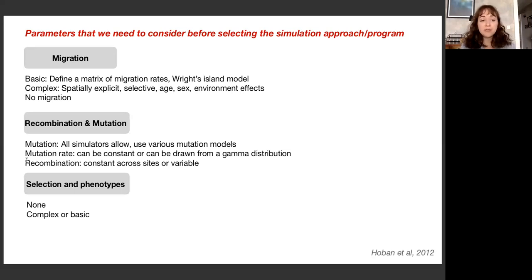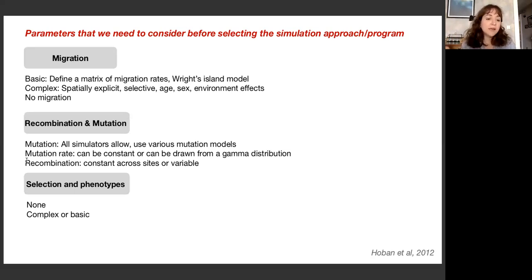Another parameter that you need to consider is recombination and mutation. All the simulators indeed allow mutation. Even if you use a backward or forward time simulator, all of them allow mutations, and all of them use various mutation models. The mutation rate, for example, when you are running the simulation, can be constant, or you can get it from a gamma distribution.